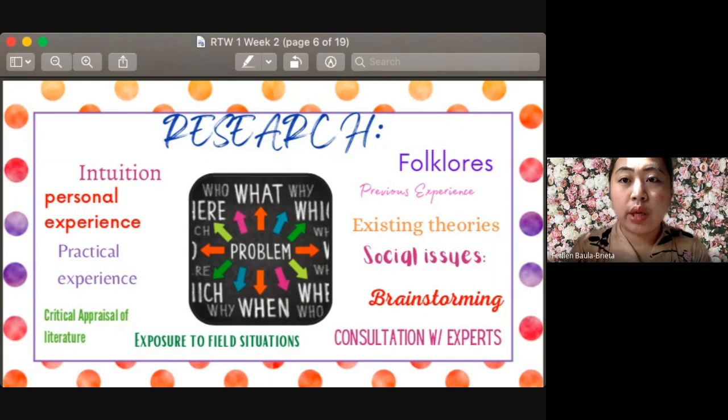So in the picture here, we have different sources of problem. We have personal experiences. These are our day-to-day personal experiences, which may be a good source of ideas to formulate research problems.